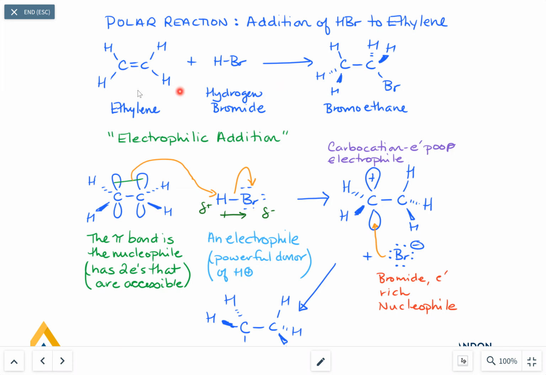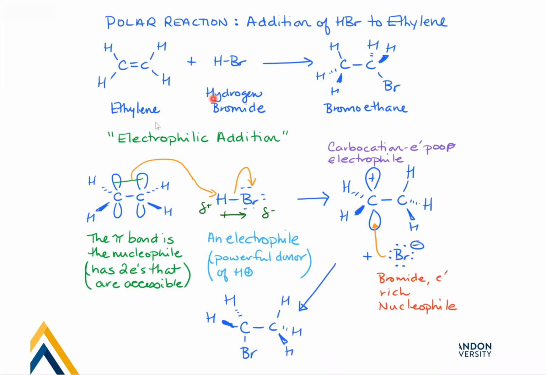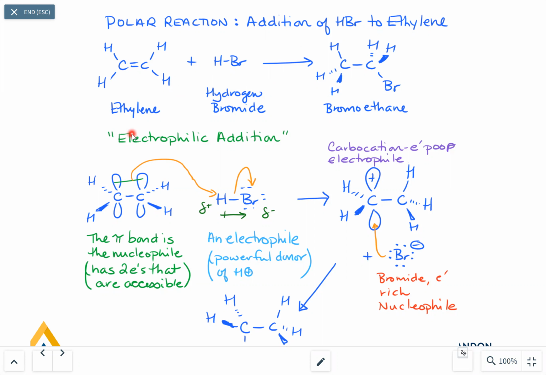And so 1 + 1 = 1. So this is an addition reaction. We would call this an electrophilic addition. The HBr is the electrophile in this case, and the ethylene is going to be the nucleophile.